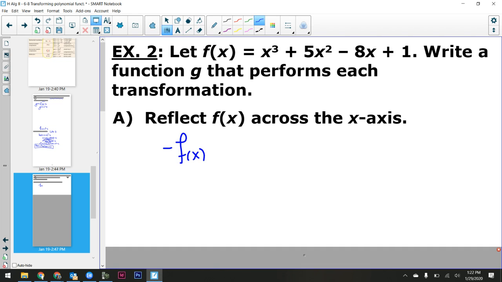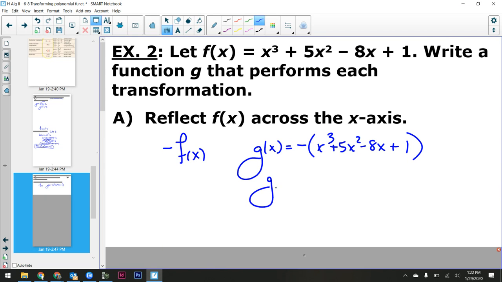So what does that mean? That means that g of x, my new function, is going to be the opposite of my entire function. Entirety of f of x gets this negative. This all changes. Okay, so now this turns into g of x is equal to negative x to the third minus 5x squared plus 8x minus 1.